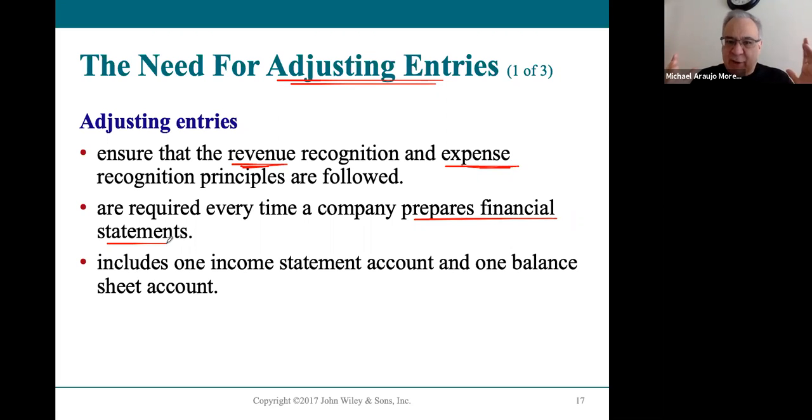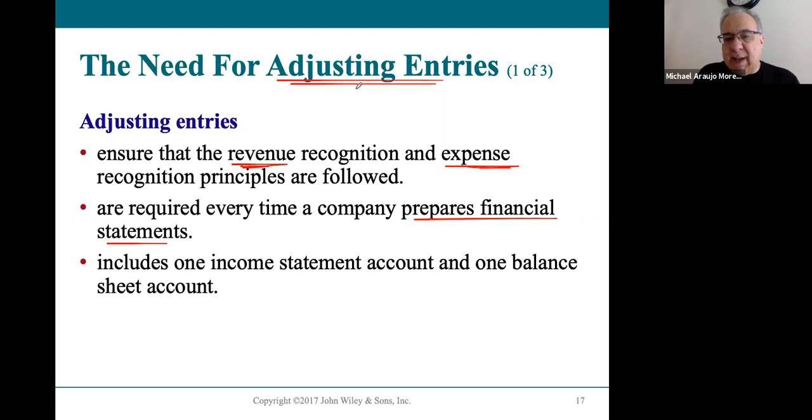Because the very first financial statement is the income statement. So when you're preparing an income statement, whether it's for a month or for the year, you have to make sure all the revenue you earned in that period is there. All the expenses you had in that period are there. And sometimes you just simply have to double check, right? To make sure those numbers are good. That's what the adjusting process is about.